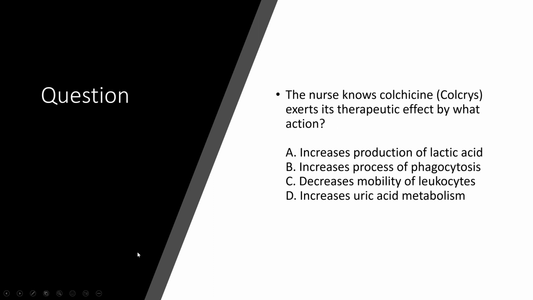Okay, so the nurse knows that colchicine exerts its therapeutic effect by what action? A, increasing production of lactic acid. B, increases process of phagocytosis. C, decreases mobility of leukocytes. Or D, increases uric acid metabolism.